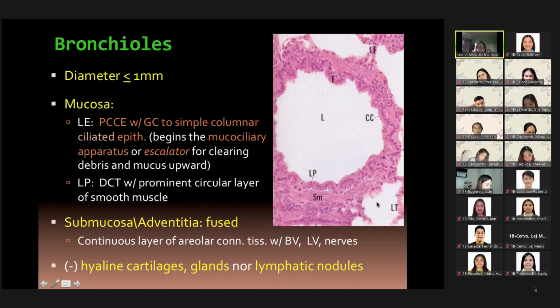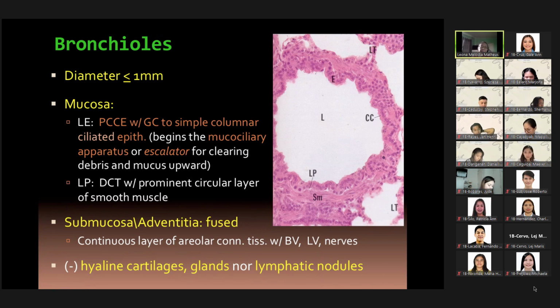What we have here instead is loose areolar tissue, again where we find blood vessels, lymphatics, and nerves. So here it is emphasized, there are no more cartilages, glands, nor lymphatic nodules in this area beyond the muscle. These are the things that you will see in your bronchiole.